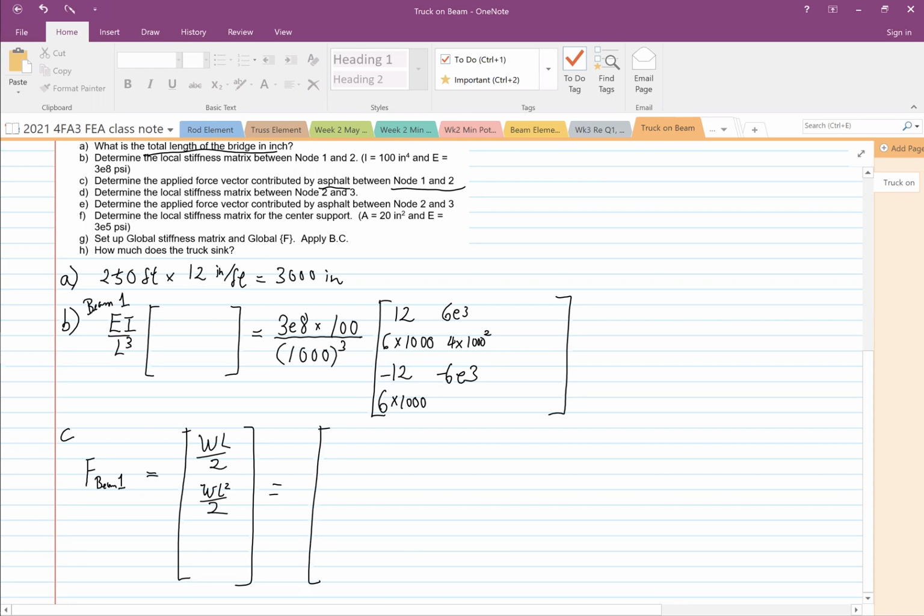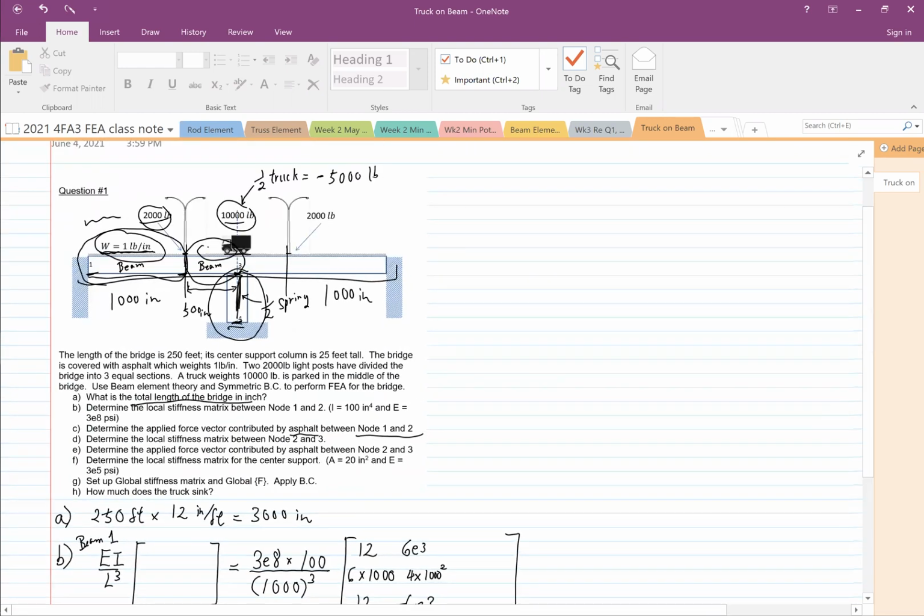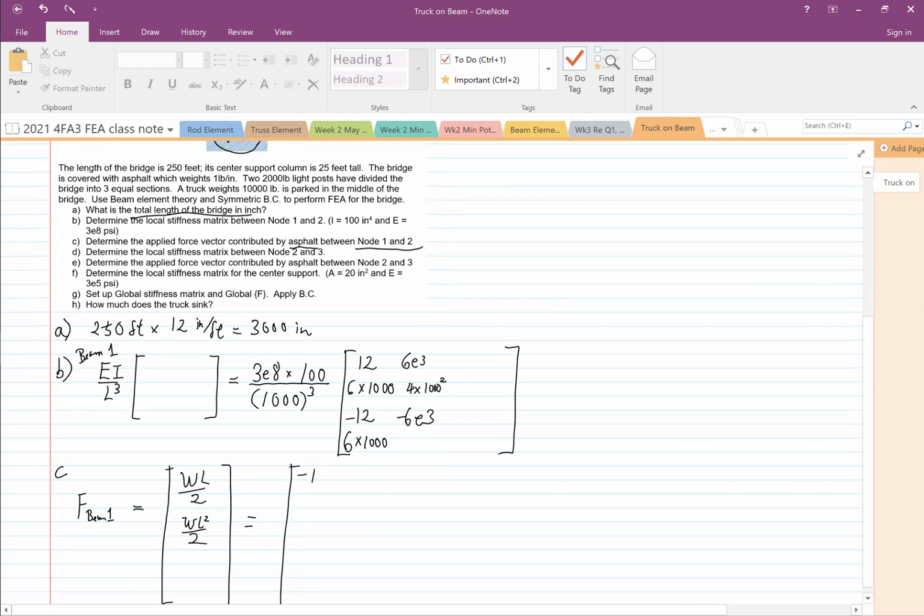The S-flat is 1 pound per inch. However, it's acting down, so it's -1. The length is 1,000 divided by 2, and then the next one will be -1 times 1,000 square divided by 12. Oh my goodness, why did I do that? It's -12.